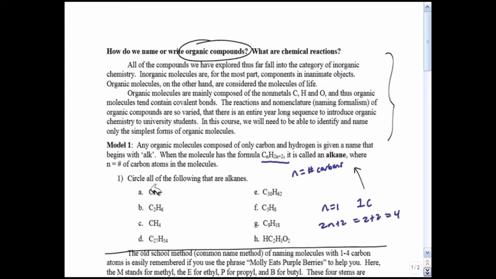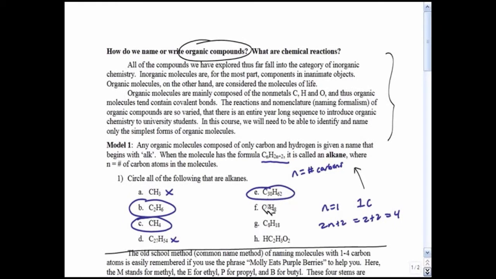So if we look at this first one, it can't be an alkane. This one has to be wrong because it should have 4 carbons. This one right here is an alkane: C2H6. If n equals 2, then 2 times n is 4, plus 2 is 6. Good. 27 and 54 are twice of each other, not plus 2, so this is not correct. 30 twice, that one works out.